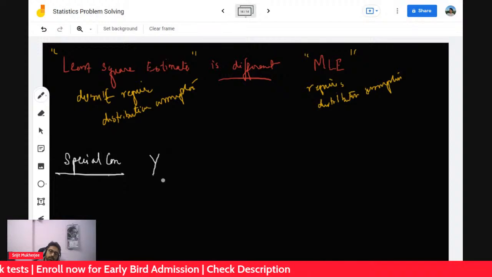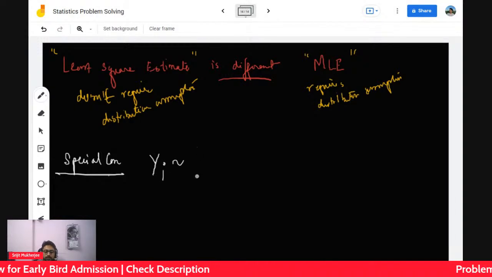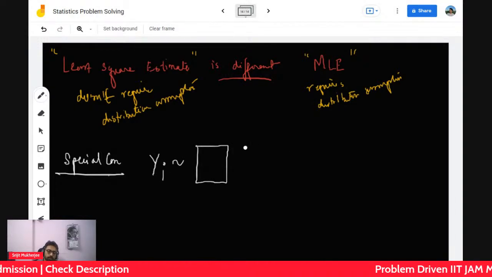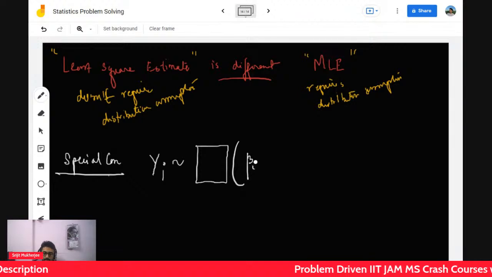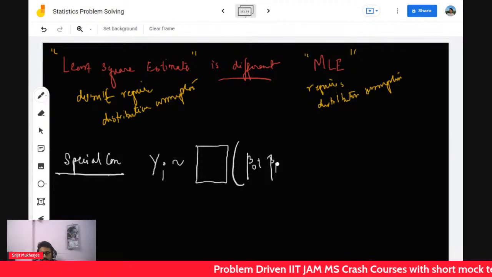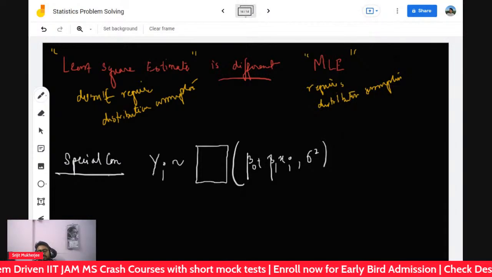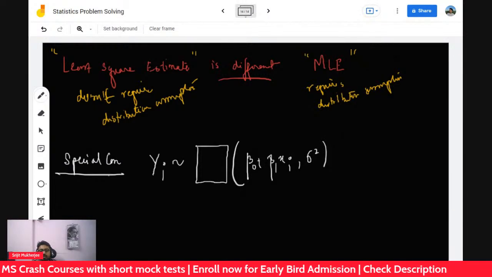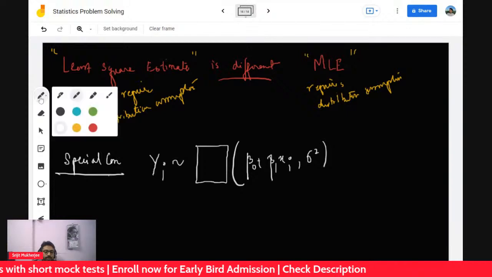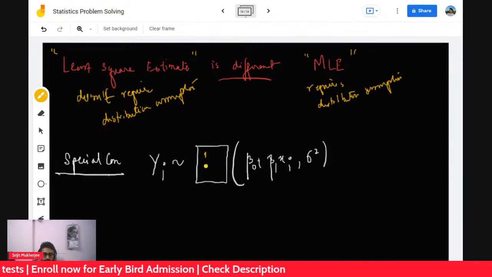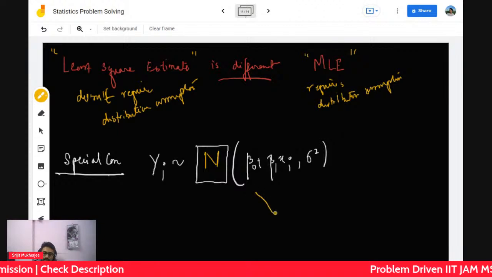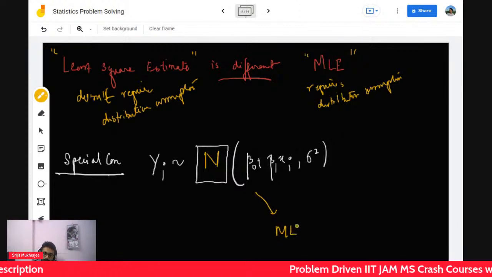So we have assumed that yi follows certain distribution, normal with beta naught plus beta 1 xi, sigma square, right? You can just take it as an example problem, Mansi. So if we assume that this is normal distribution, then we will find out the MLE, and then we will find out the least square estimate.